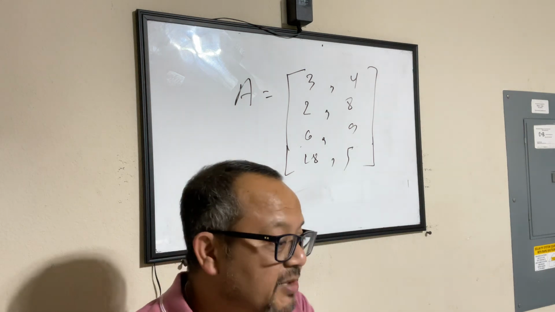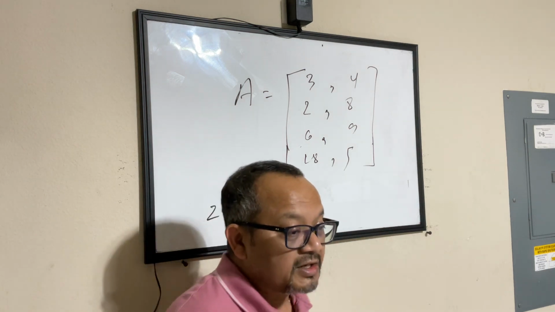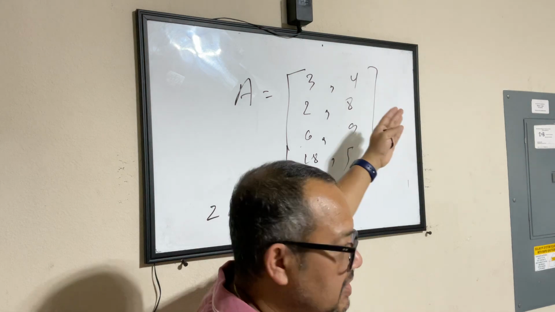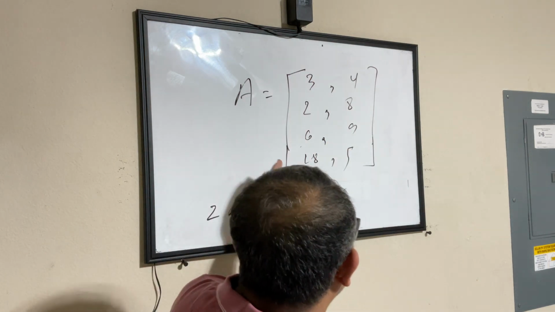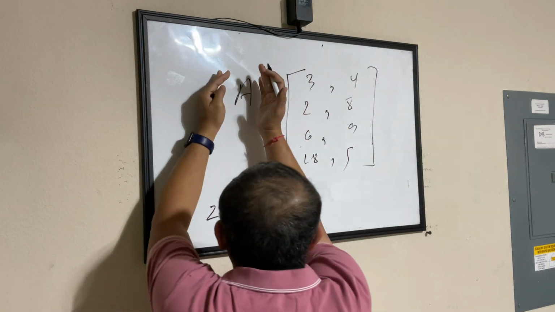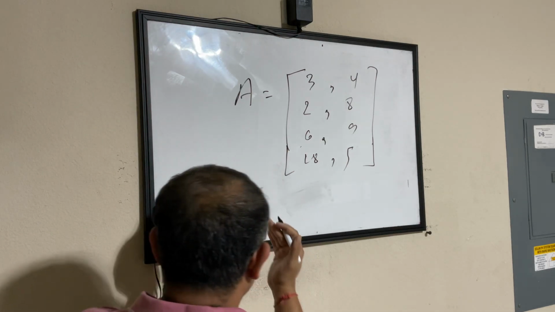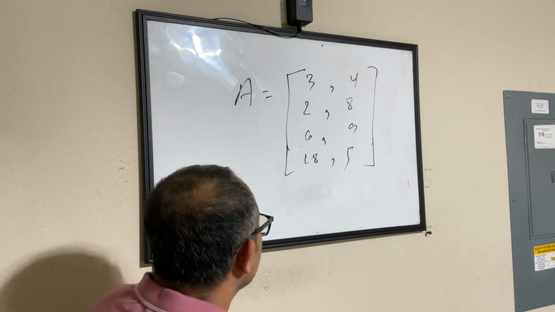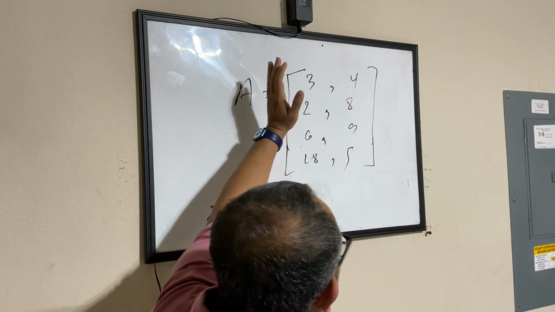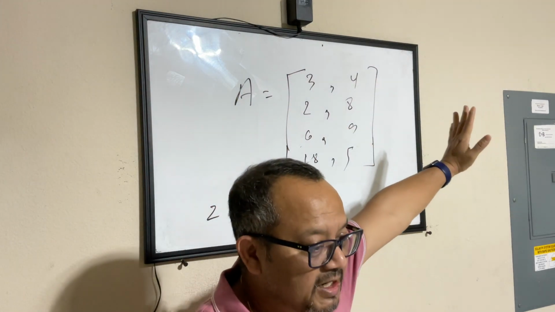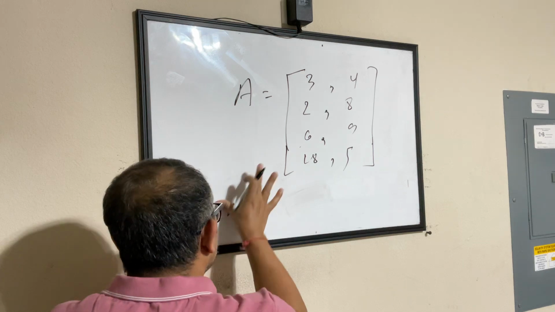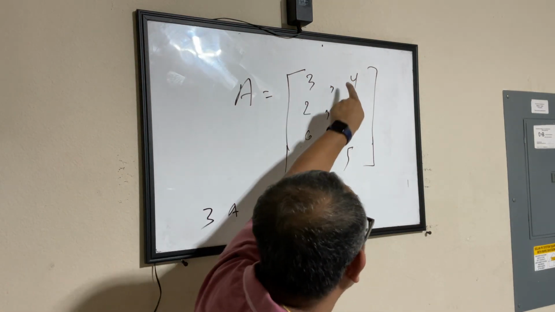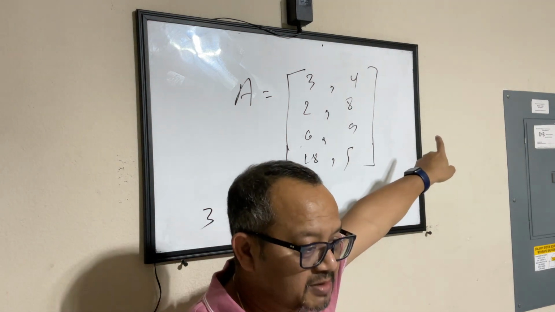A matrix doesn't have its own identity. It's known by its elements, okay? And these are elements which make this matrix. So when you are talking about 2 times A, you are essentially talking about every element getting multiplied by 2. If I say 3A, I am multiplying every element of the matrix by 3, and that becomes my resulting matrix.